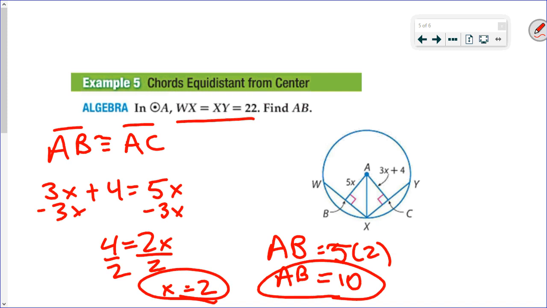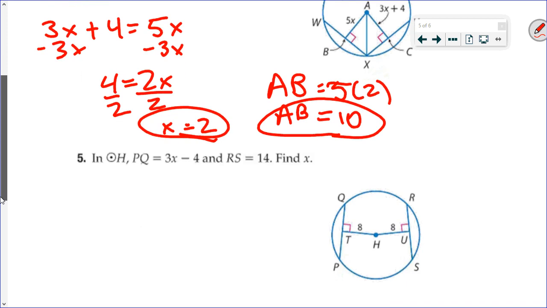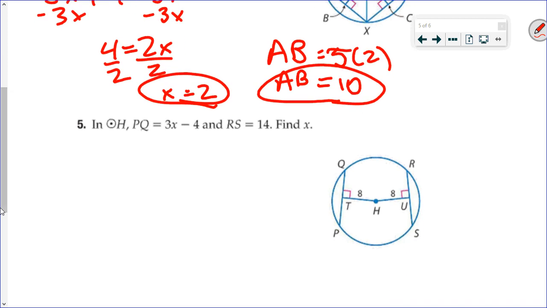The next example here, our last example, kind of just goes the other direction. We have to use that these chords are equidistant, that HT and HU are congruent. So the chords PQ would be congruent to RS.